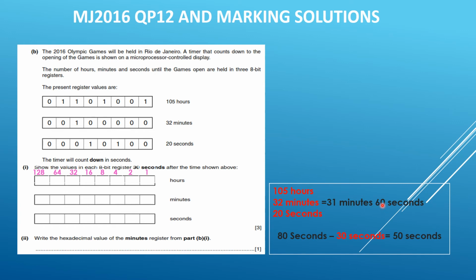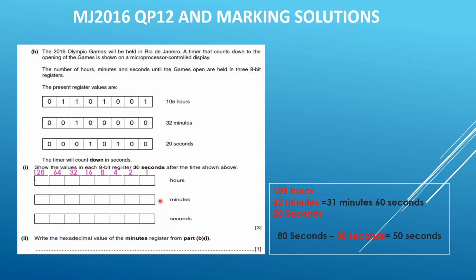Now if we add this 60 seconds to the 20 seconds, we get 80 seconds. Now we can easily count down 30 seconds from 80. So 80 subtracted by 30 gives 50 seconds. So we got the answer 105 hours, 31 minutes and 50 seconds.